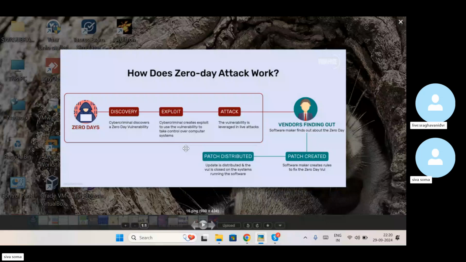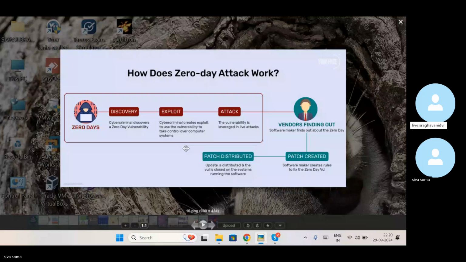What is an exploit, sir? Launching an attack using the vulnerability is called an exploit.